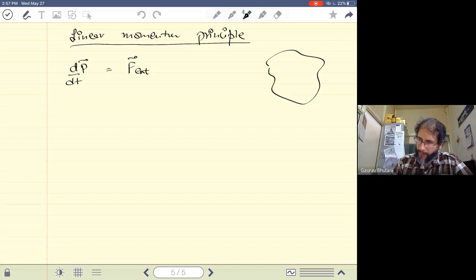Let's take a small volume, call it d omega, and the body force that acts on it we'll call rho bi. It's the same convention that we had used earlier. Remember that bi was defined as the body force per unit mass, so rho times bi becomes the body force per unit volume.